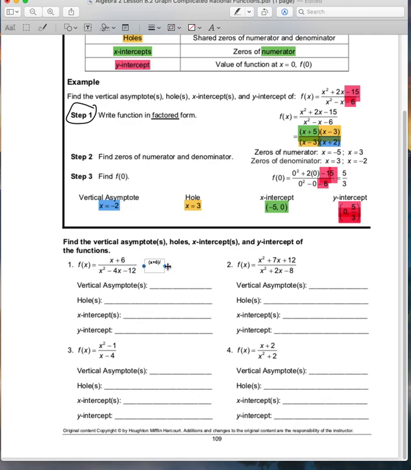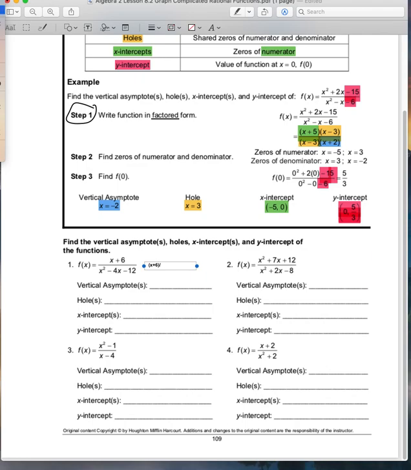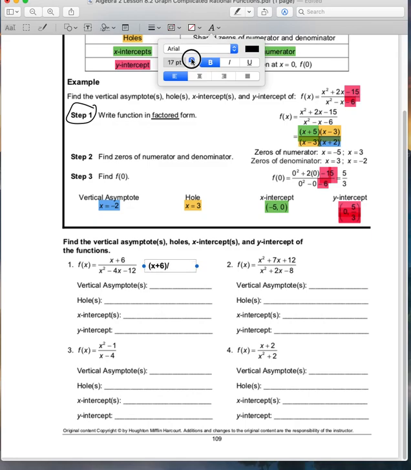That's a mess. Okay, let's see where I can make my text larger. Text selection. Oh, here it is, up here. Okay, I want my text bigger. That's about right.